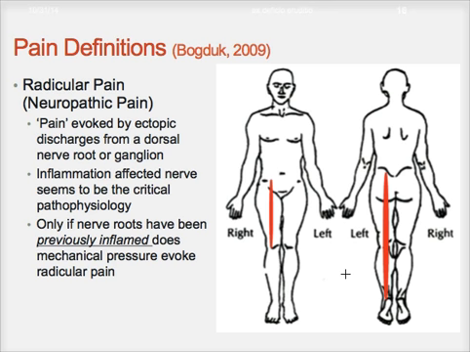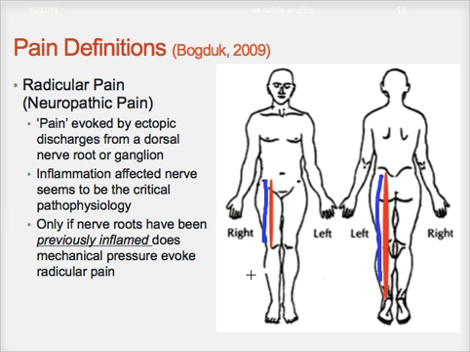So radicular pain, neuropathic pain, very clear to make sure that we understand that it is only this type of pain that is true radicular pain. And it can be present with other types of pain, or it may be independent on its own, but we have to see these things on the pain map, and we have to have previous damage to the nerve root.